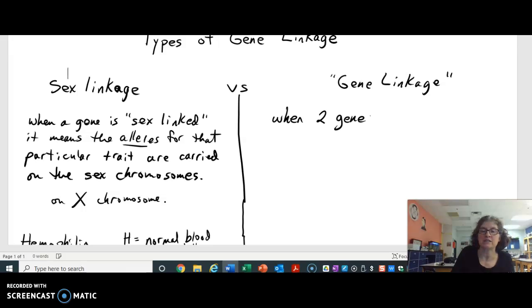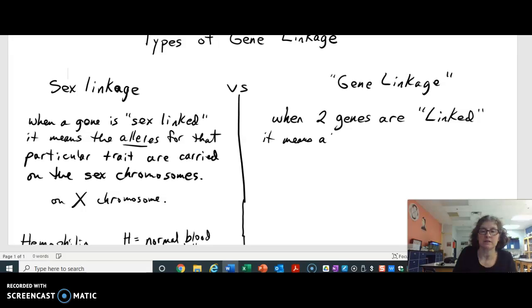When two genes are said to be linked, they're referring to genes, alleles for two different traits that are located on one of the autosomes, not sex chromosomes, right?